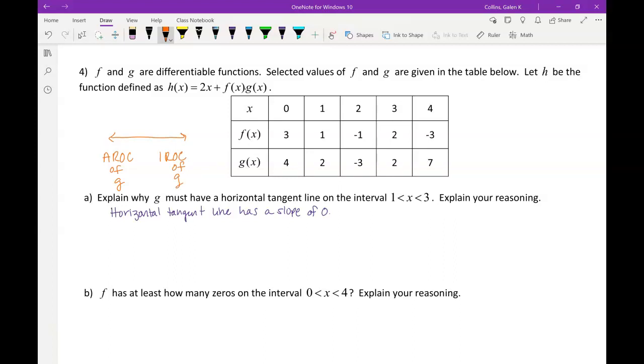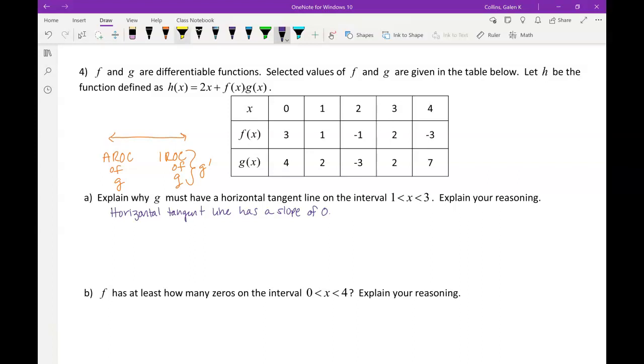Before I can use it, I need to make sure that g satisfies the hypothesis: g must be both continuous and differentiable.